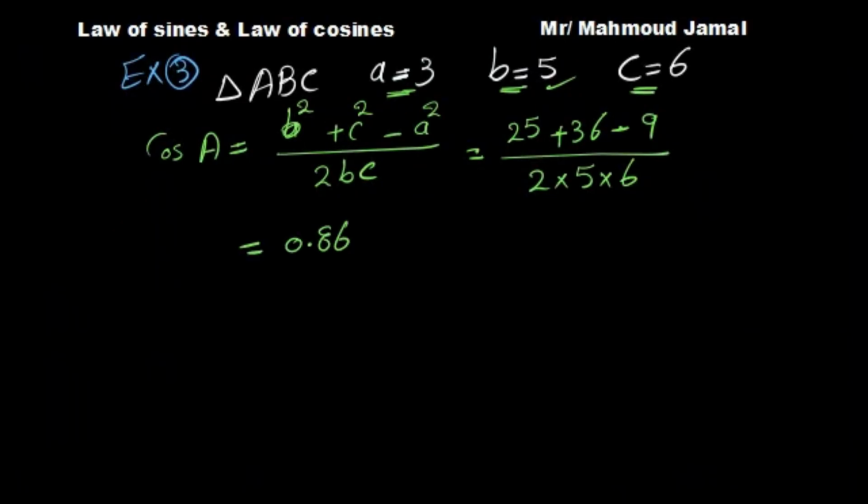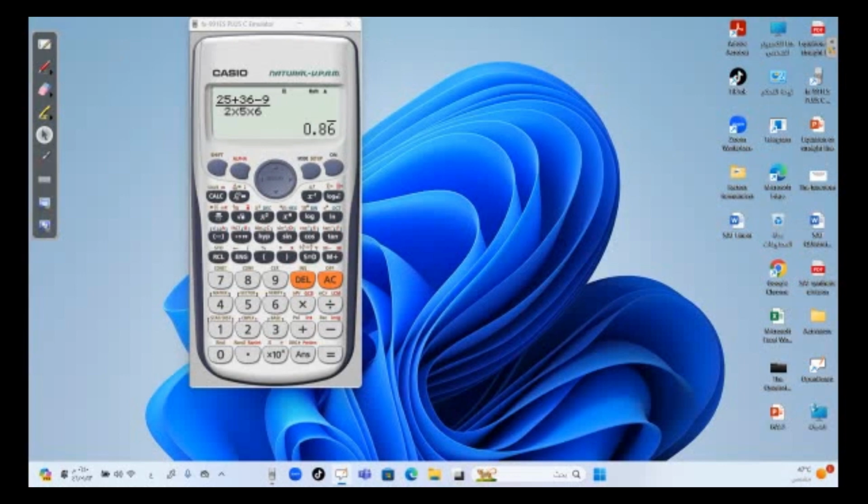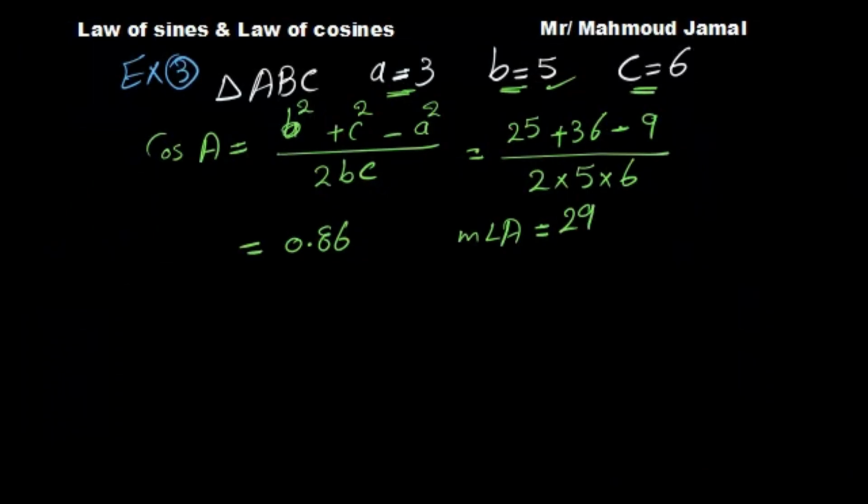Now I want to find measure A, so I have to click shift cosine of 0.86, or I can write answer, which equals 29.93 degrees approximately.